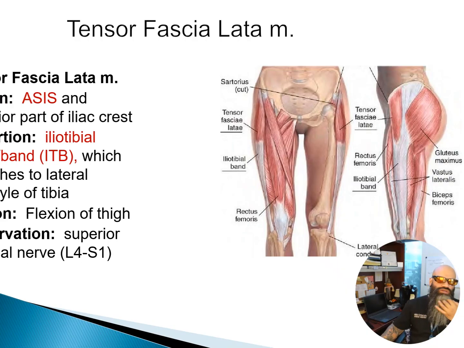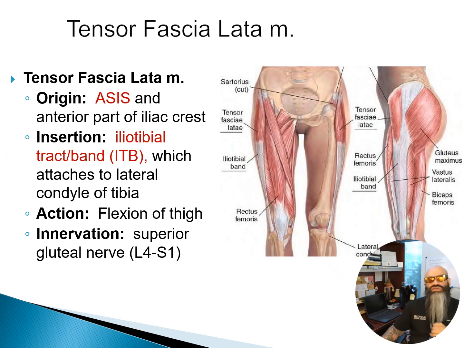Tensor fascia lata, know that it originates from the ASIS right here. It inserts directly into the IT band, that thick fibrous band of fascia that can get really tight and painful distally. It's named for its origination on the ilium, iliac crest, and it goes down towards the tibia, proximal knee joint. That's why it's called the IT band.